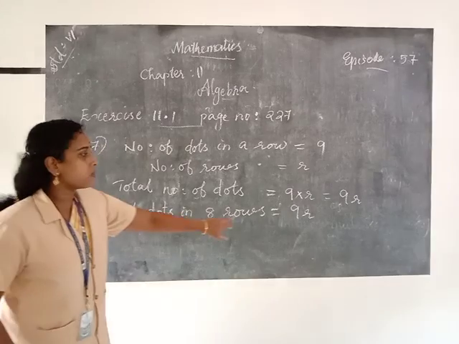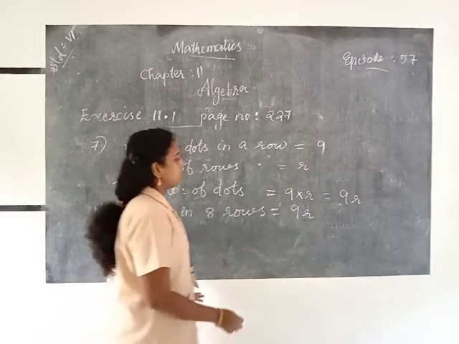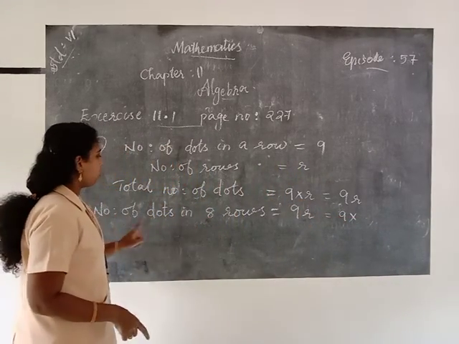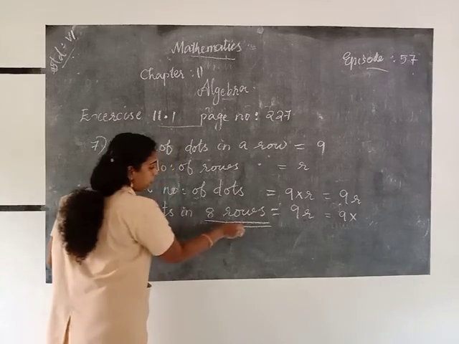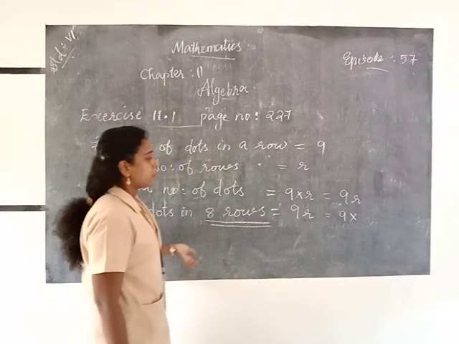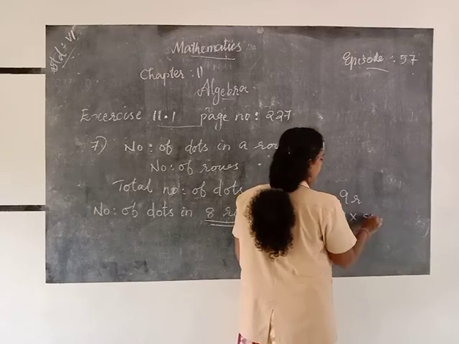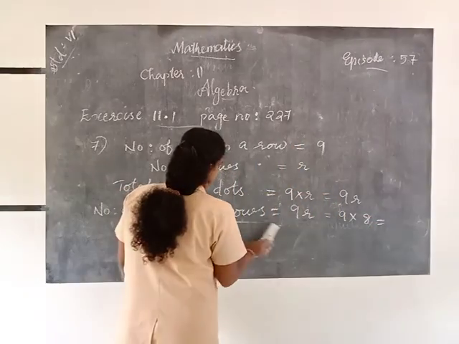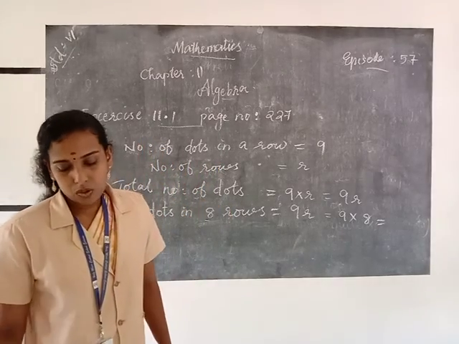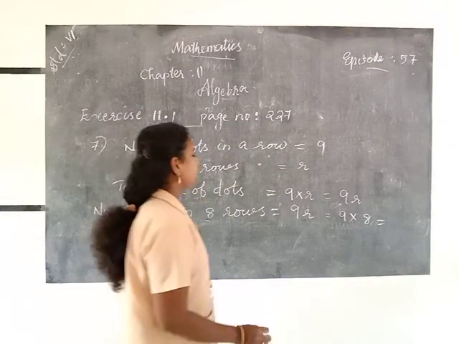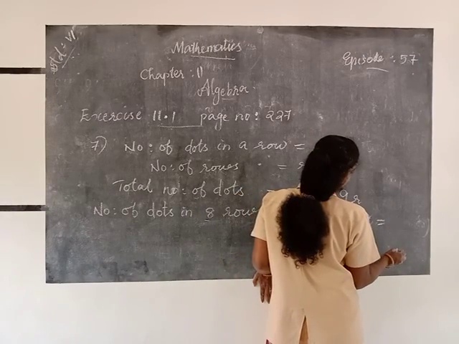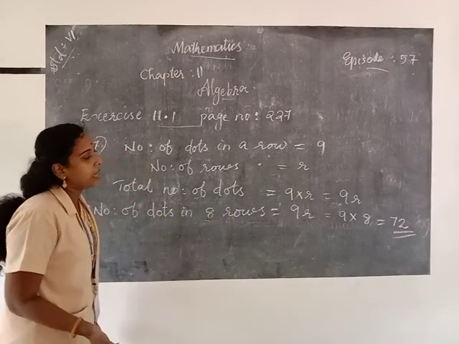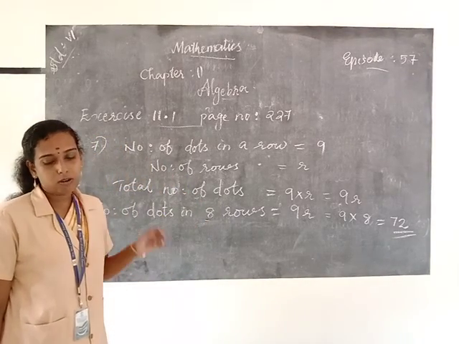There are 8 rows, so the equation is 9 into 8. 9 8s are 72. So there are 72 dots in 8 rows.